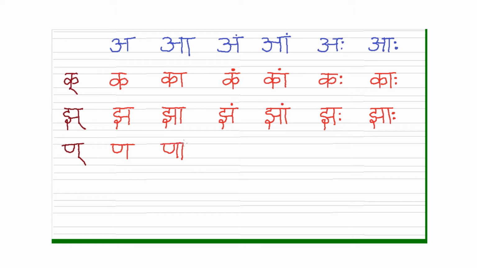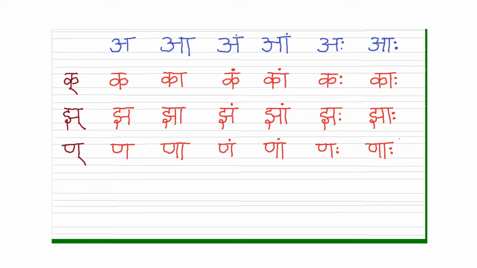An extra line gives us naa. Na with an anuswaraha gives nam. Na with the extra line and the anuswaraha gives us naam. And this is naha, and naaha.